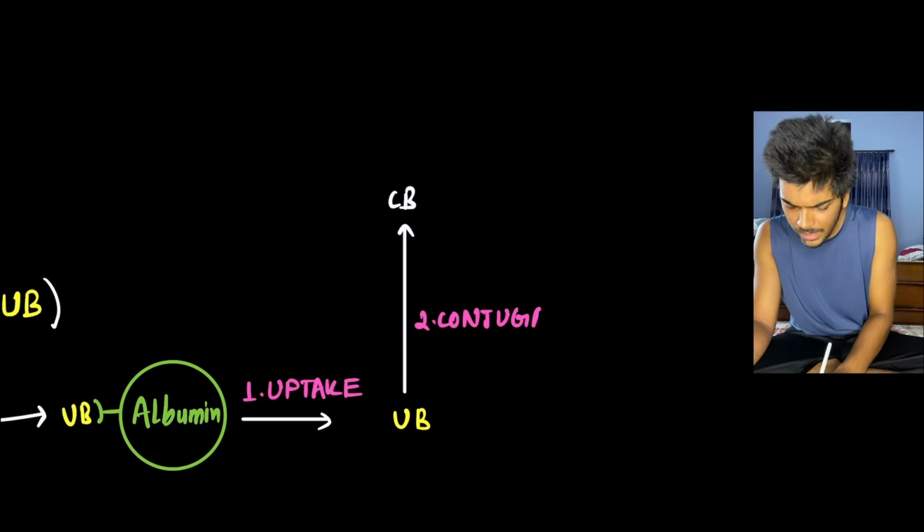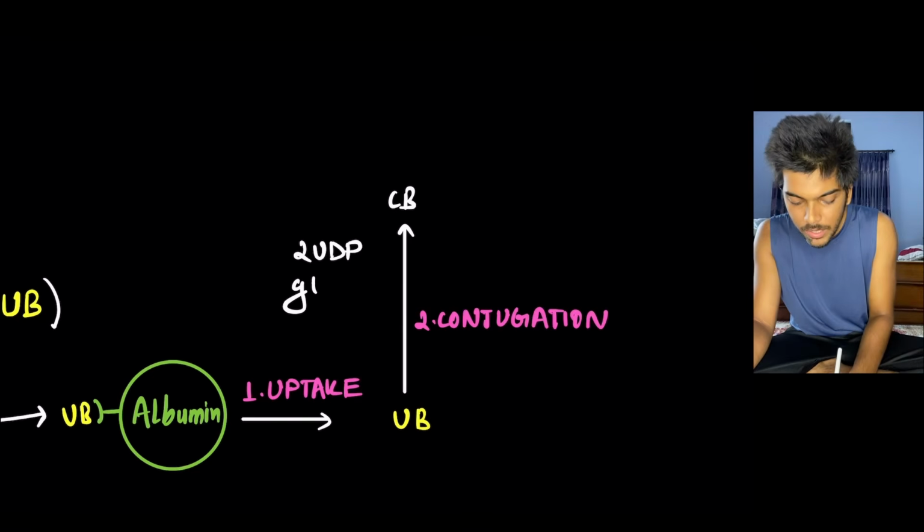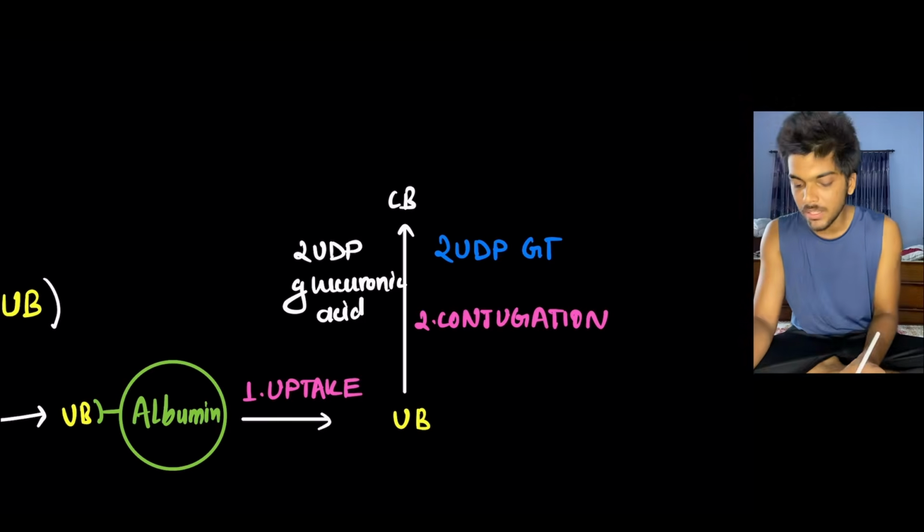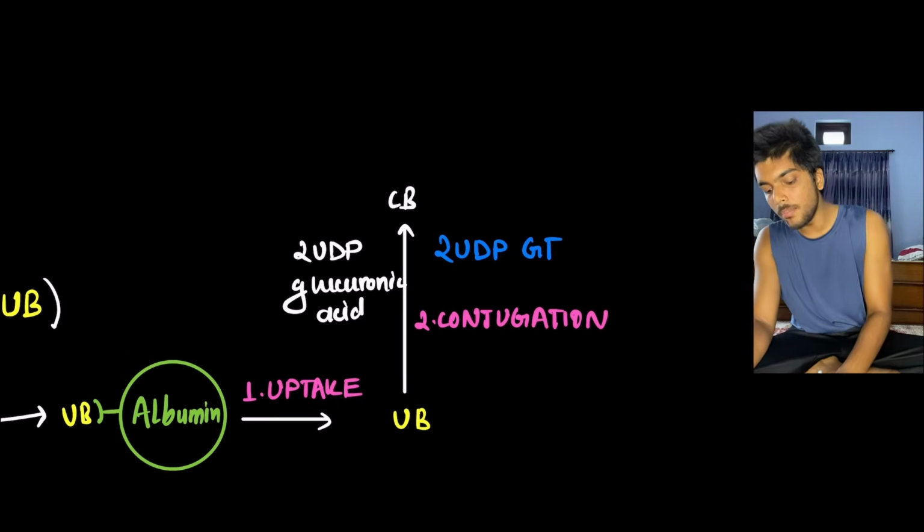Conjugation takes place, I get it, but conjugation with what? Conjugation with UDP glucuronic acid takes place. Since conjugation with glucuronic acid takes place, the enzyme required for this metabolism is UDP glucuronyl transferase, obviously. Now this conjugated bilirubin has two fates.